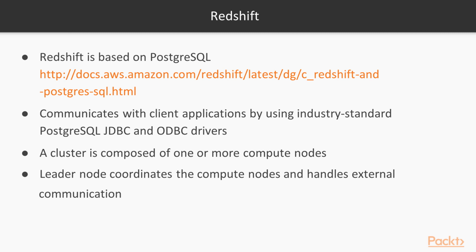And like I mentioned before, Redshift is a cluster-based computing environment, so a cluster is composed of one or more compute nodes. If a cluster is provisioned with 2 or more compute nodes, an additional leader node is used to coordinate the compute nodes, and this handles all external communication. So typically an app will communicate with the leader node only, but work is distributed evenly across the cluster by that leader node.